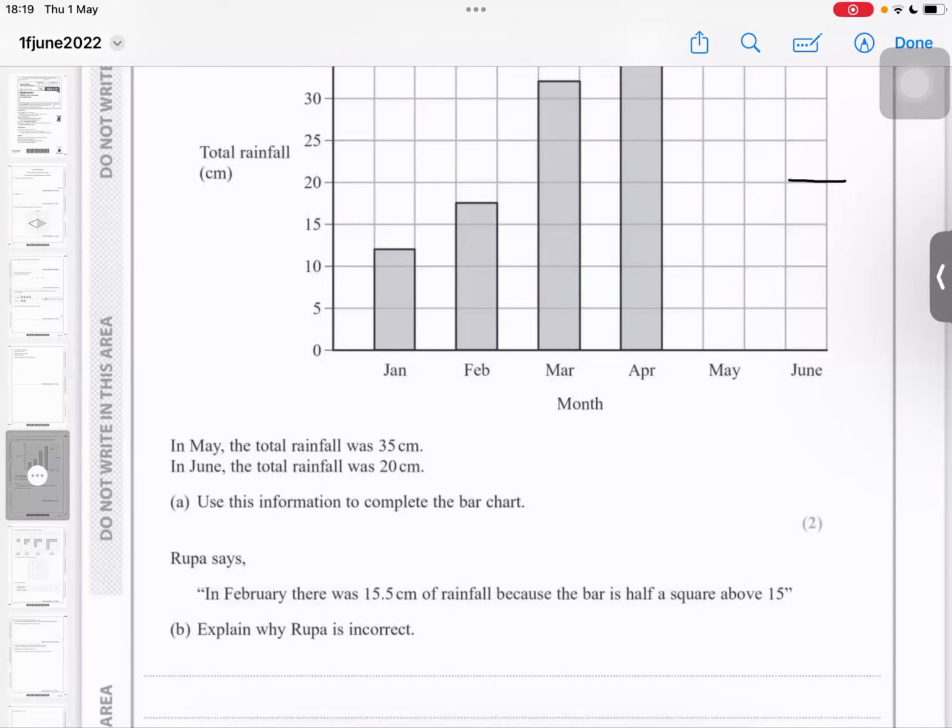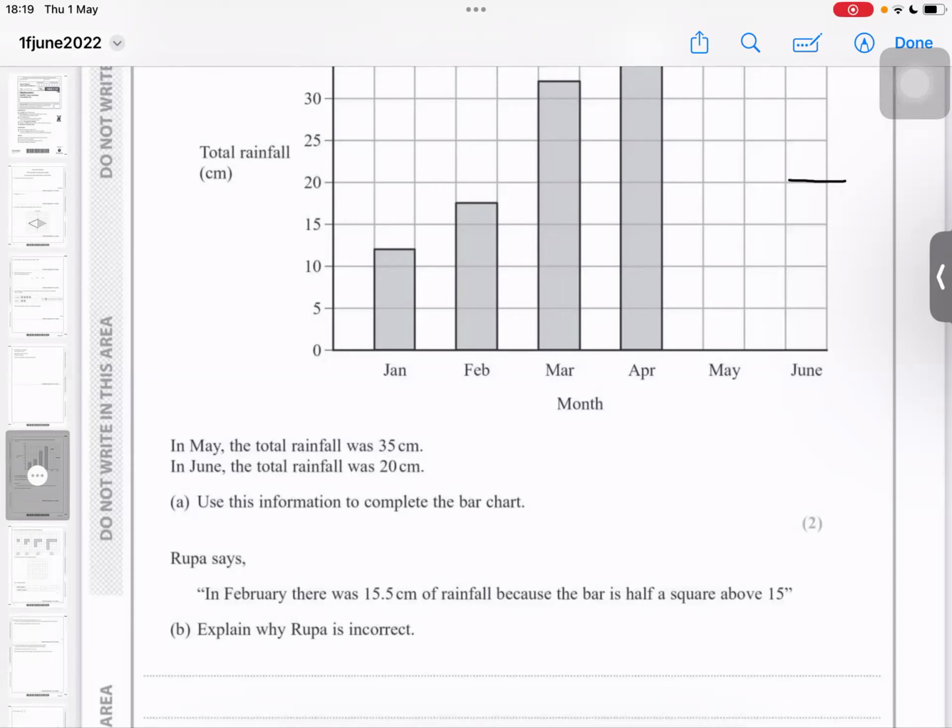But to further explain why he's incorrect, let's establish what the scale is. Each box is 5 centimeters. So February is actually half of that. We divide 5 by 2, and that's 2.5. So February is actually 17.5.